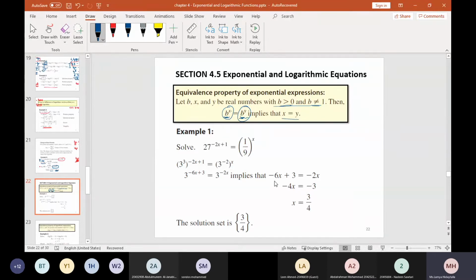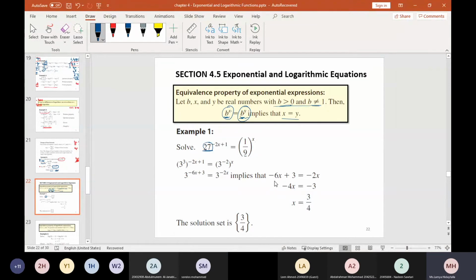Now he asks us to solve this: 27 to the power minus 2x plus 1 is equal to 1 over 9 to the power x. How can I proceed? I have to think whether I can find the same base or not. I know that 27 is 3 to some exponent and 9 as well is 3 to another exponent. So can I write 27 in base 3?